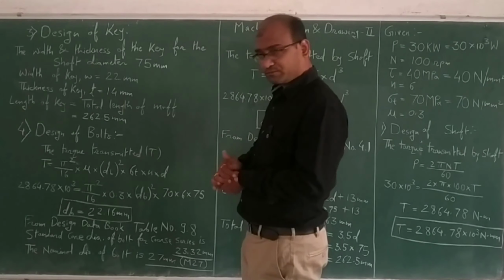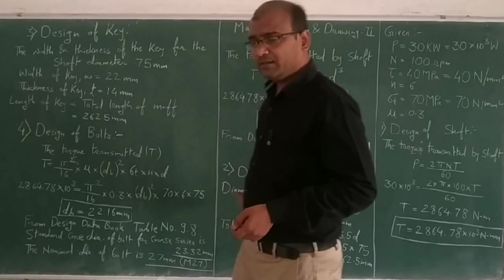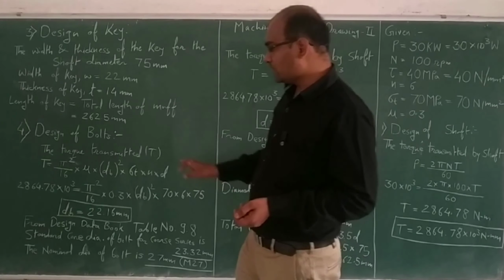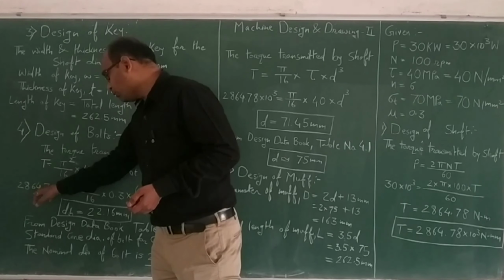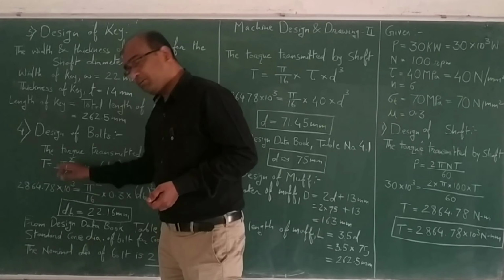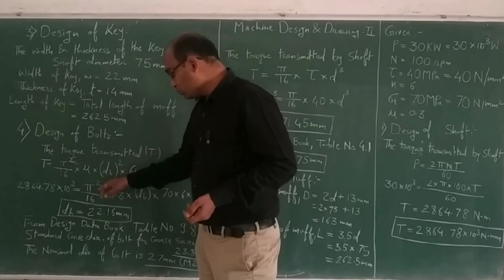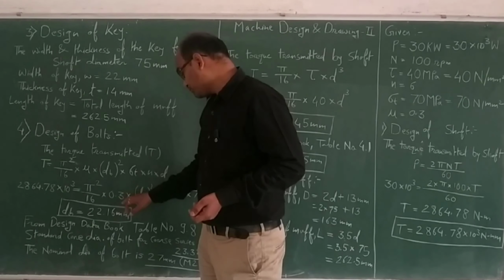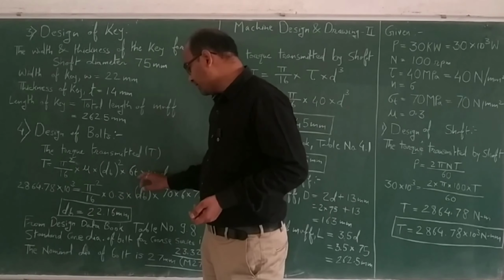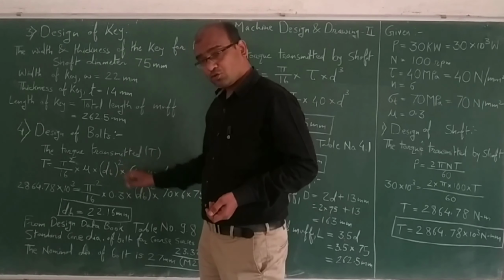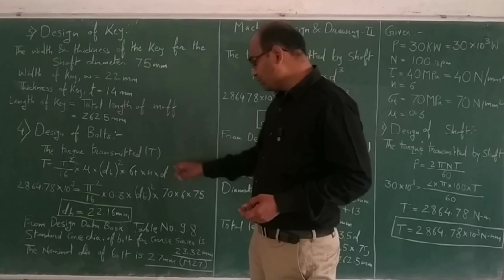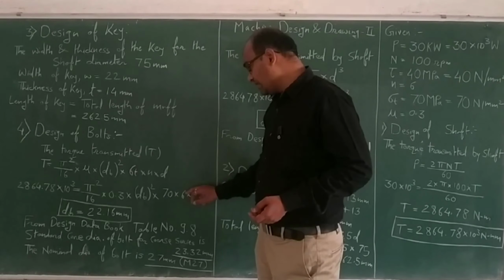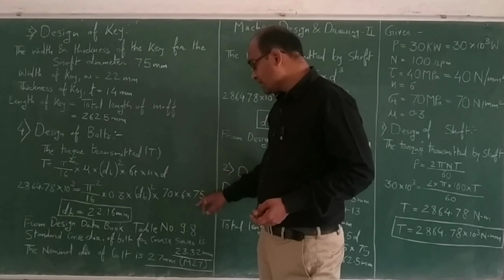Then T is already calculated at the time of design of shaft. In design of shaft, the torque is 2864.78 into 10 to power 3 equal to pi square by 60 into 0.3, where 0.3 is the coefficient of friction, into dV square, where dV is the diameter of bolt, and sigma T is 70, N is 6, and small d is 75.